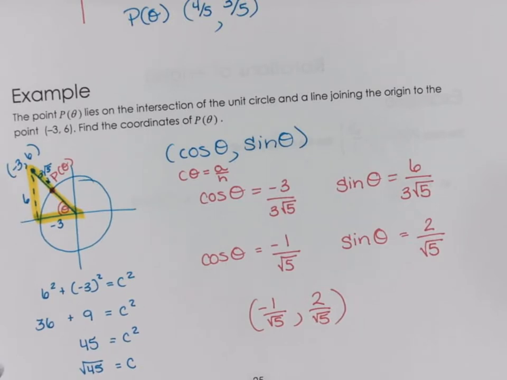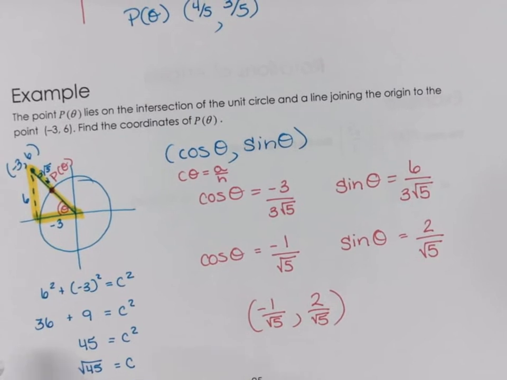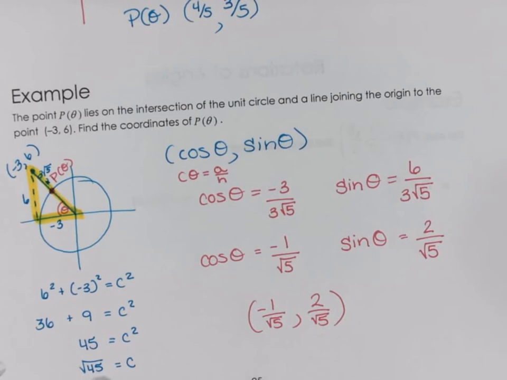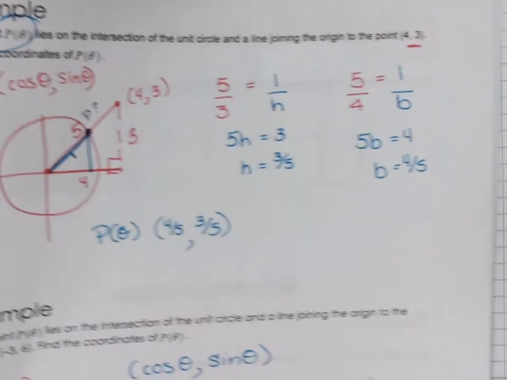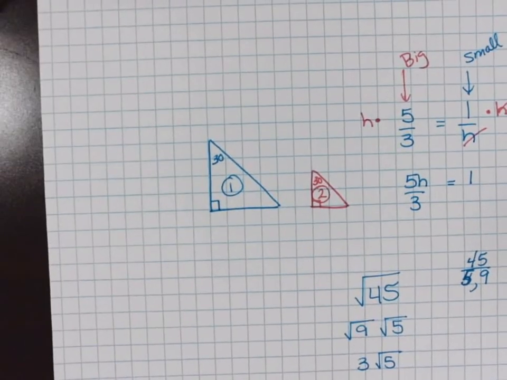Do you think it's because we had to simplify the radical here? If it's the radical messing with you, you're going to have to do that no matter where you are. Cross multiplying is easier. We do enough of these ratios in physics.